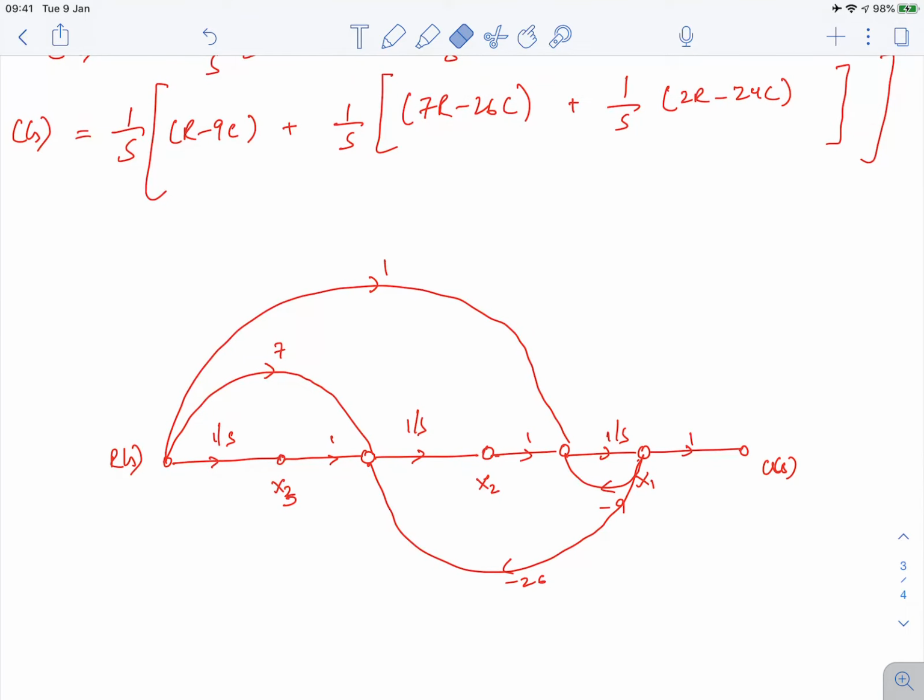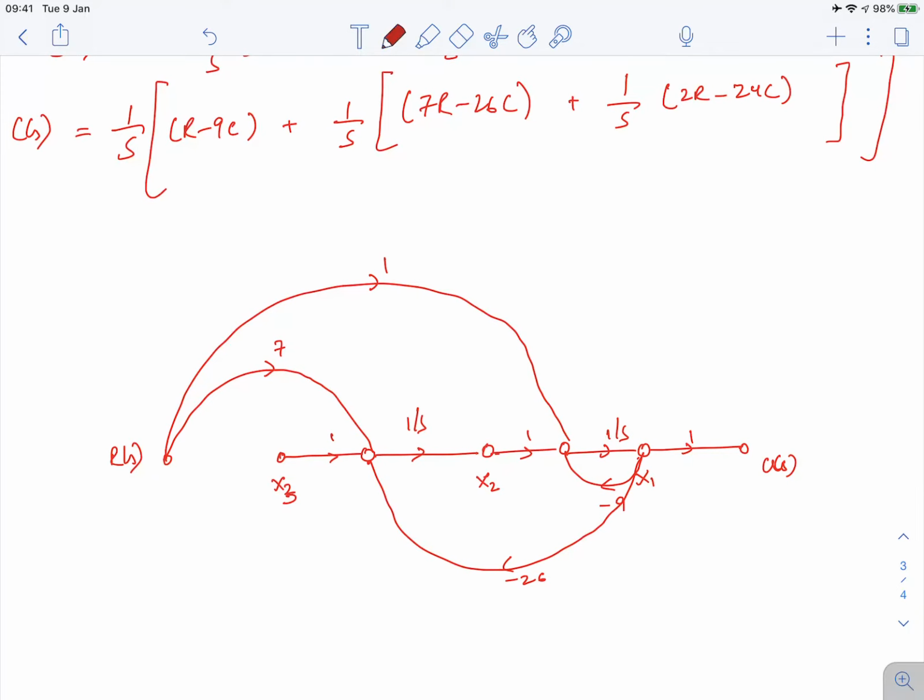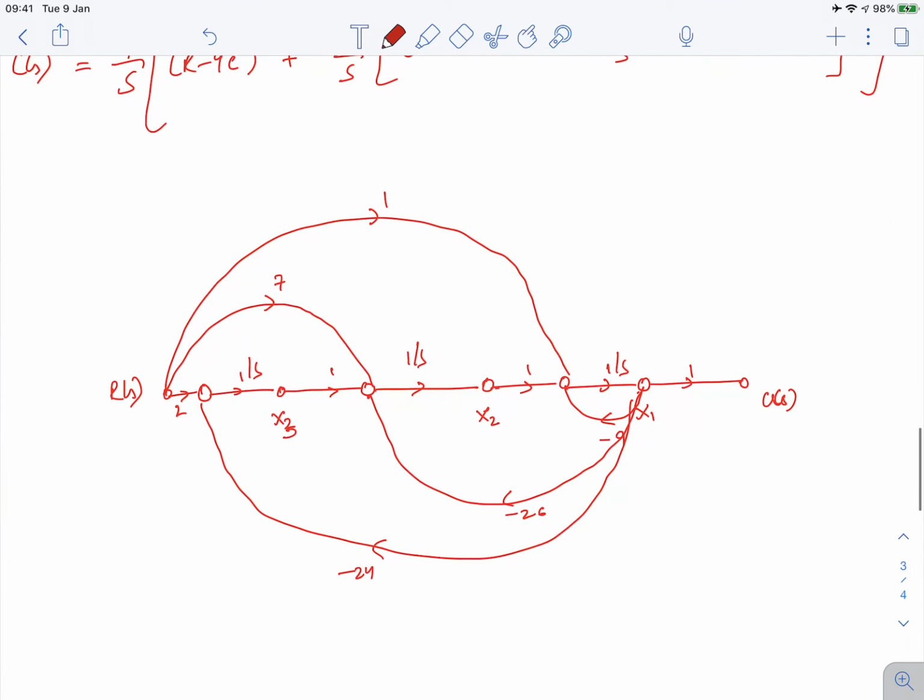So basically this is 2 and this we would have as the integrator. Okay, now the last term remaining is 2r minus 24c. So 2r we have here and 24c we would have as minus 24c. Okay, this is the overall signal flow graph of this transfer function.